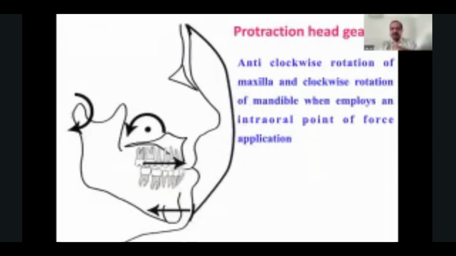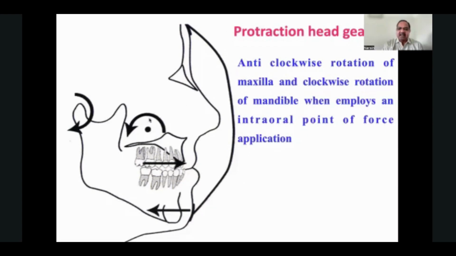Now, coming to the biomechanics of headgear, you can see that this is the center of resistance of the maxilla. The entire dentition is below, and the appliance usually for a protraction headgear is anchored onto the maxillary arch. So the protraction force on the maxilla is below the center of resistance of the maxilla. So what happens over here?